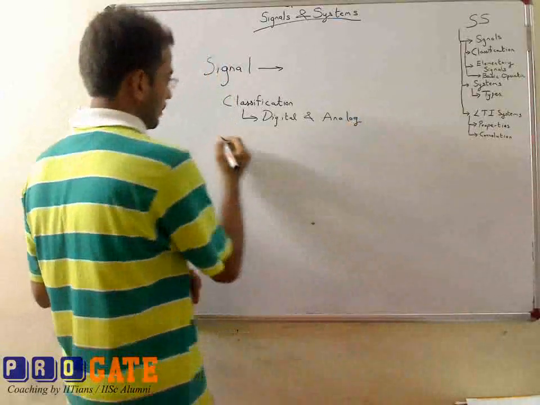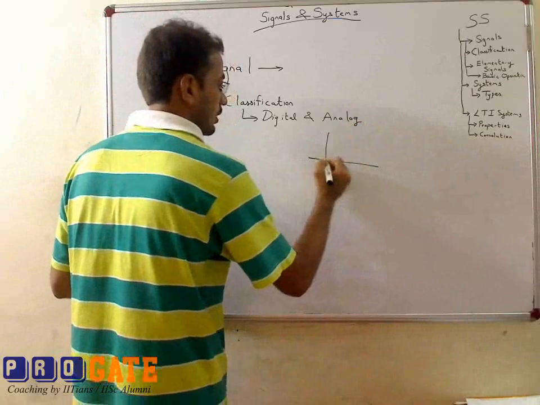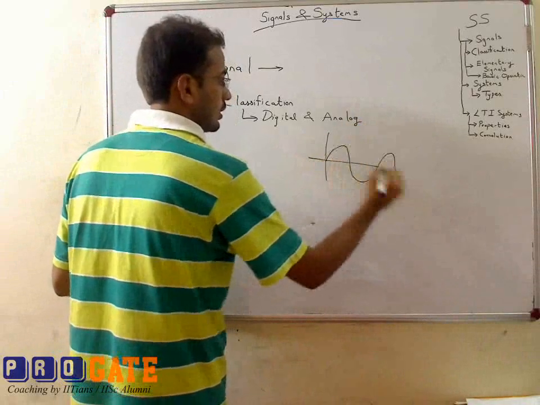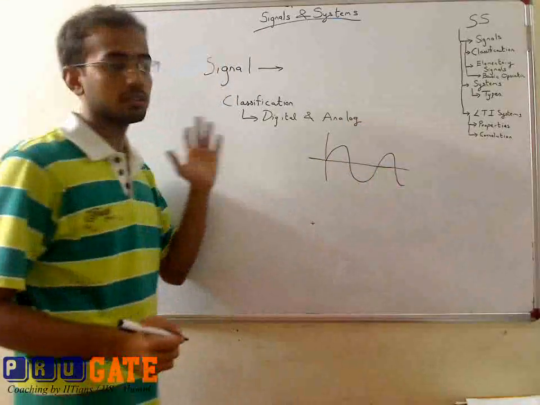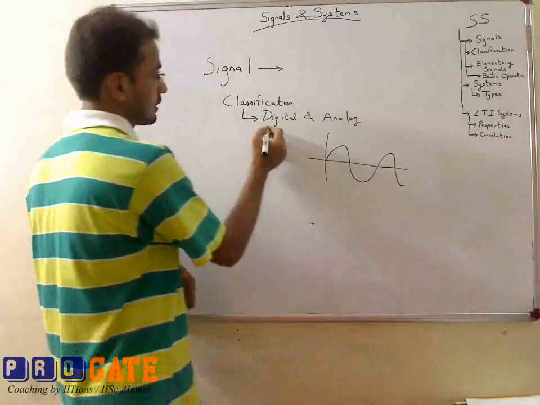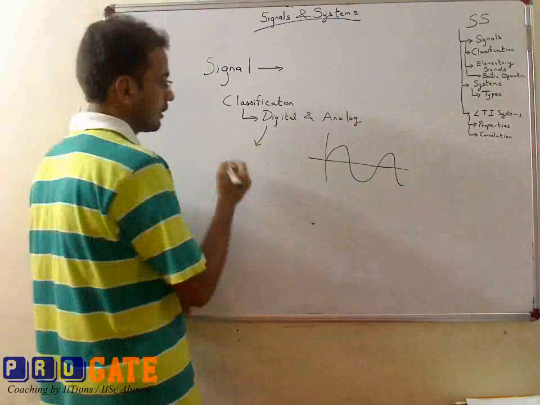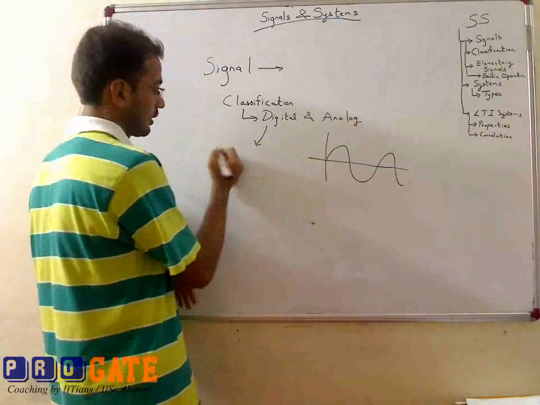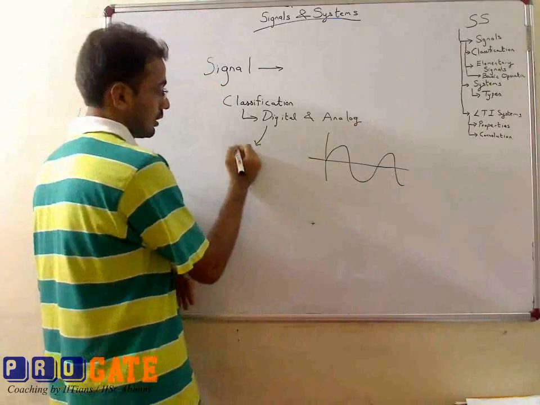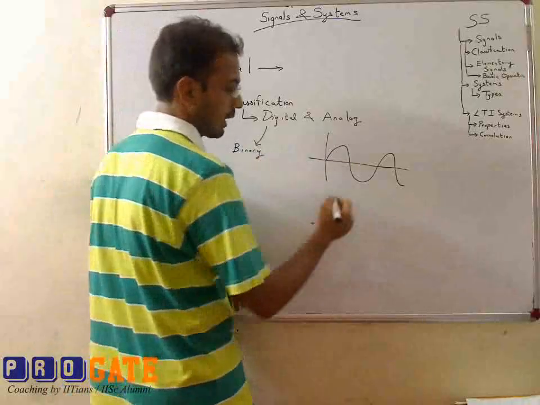If you take an example of a sine wave, it's an analog signal. Why? Because we measure it with an analog device, it's continuous. Digital signals are what we usually see in our computers or logic circuits, which have some weightages, like binary. The same signal can be expressed in terms of binary.